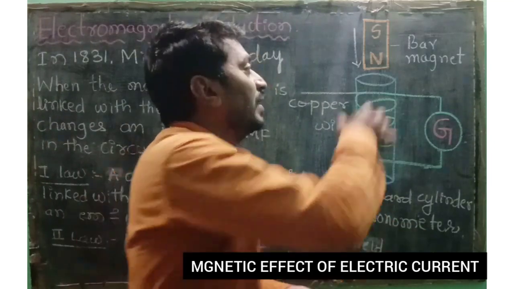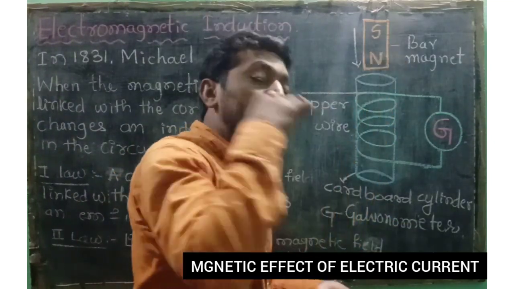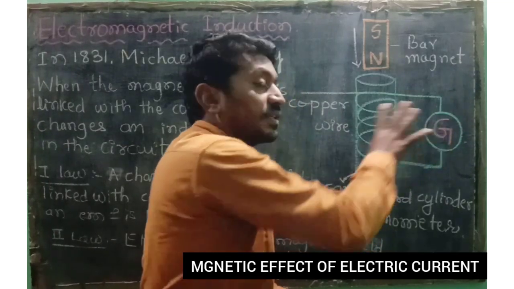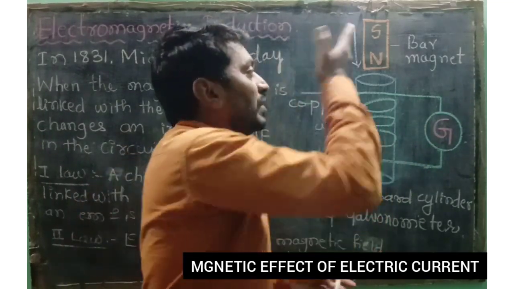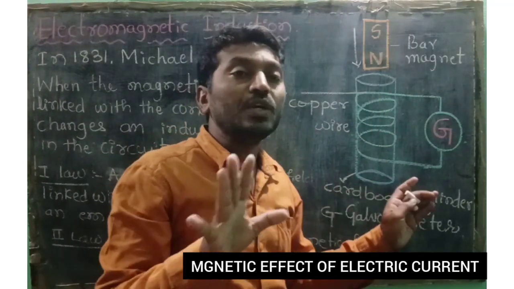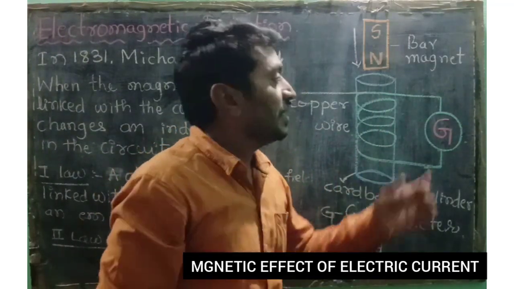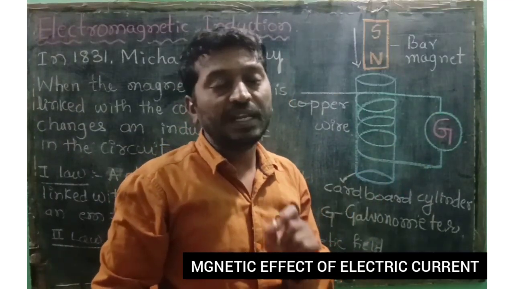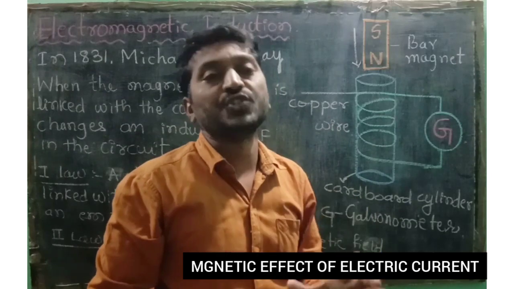So when the magnetic field linked with the conductor changes, an electric current is produced. When the magnet and the conductor are at rest, there is no electricity. Here the electricity is called EMF, electromotive force.